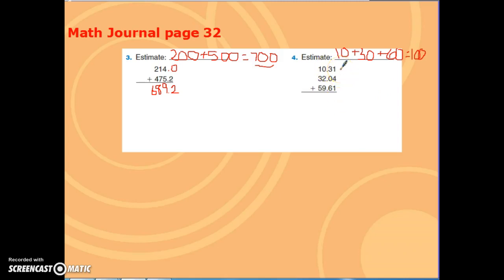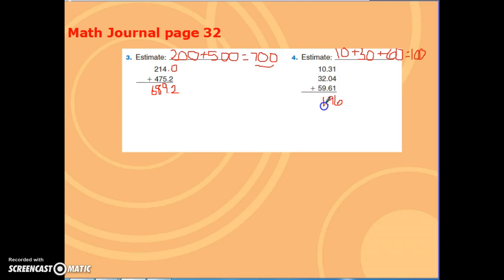So again, using the column addition method, I'm going to start in my smallest place value, my hundredths place. 1 plus 4 is 5, plus 1 is 6. 3 plus 0 plus 6 is 9. I'm going to bring that decimal straight down, keep it nice and lined up. 0 plus 2 plus 9 is 11.